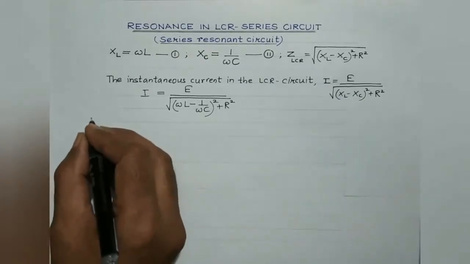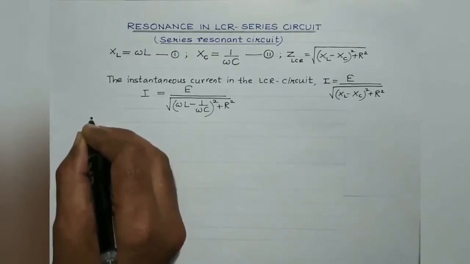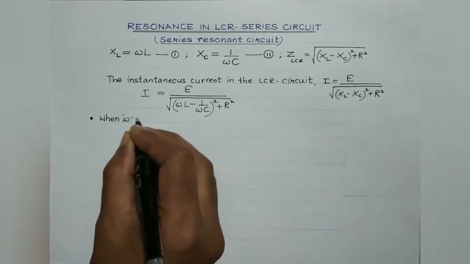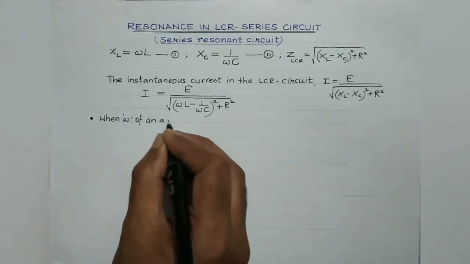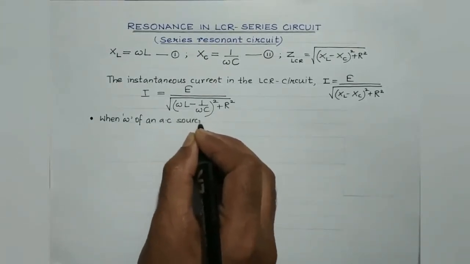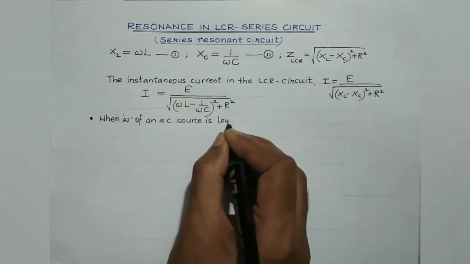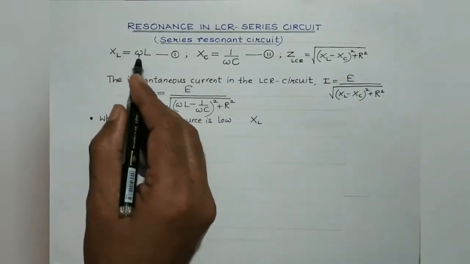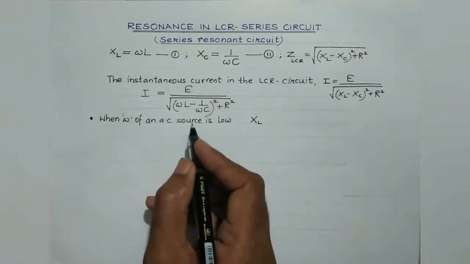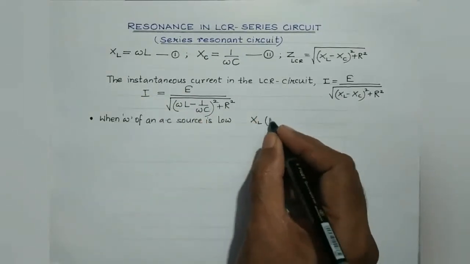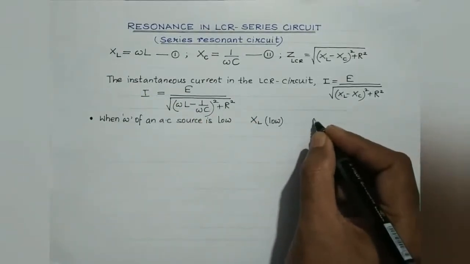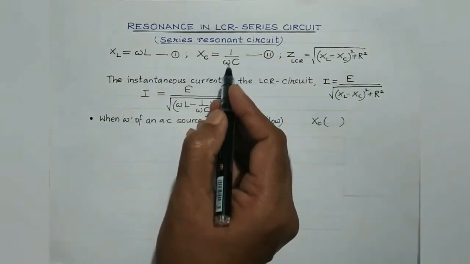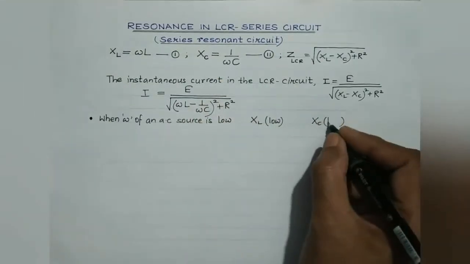Right? Now let's consider the first case. When the angular frequency of an AC source is low, then XL, since it is directly proportional to omega, will also be low with the small value of omega, while XC, which is inversely proportional to angular frequency, will have a high value with the decrease in the angular frequency.